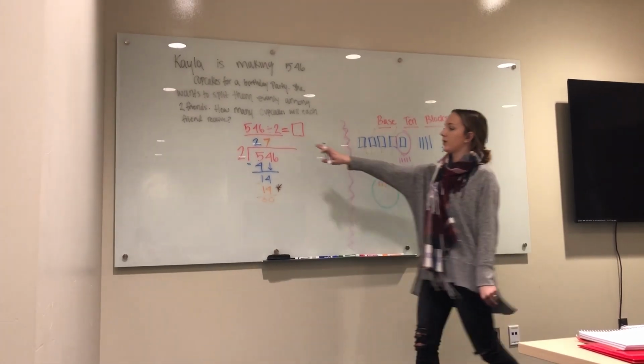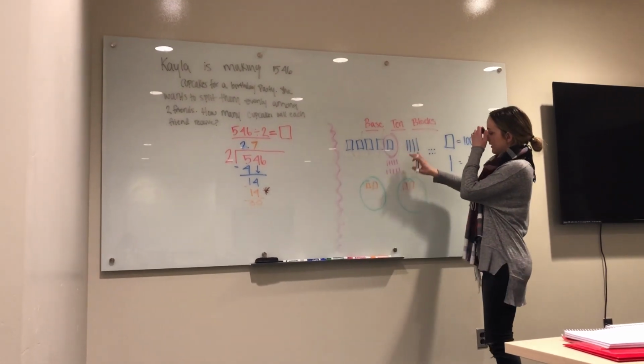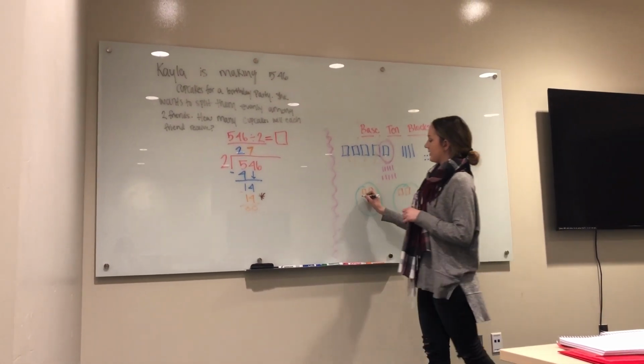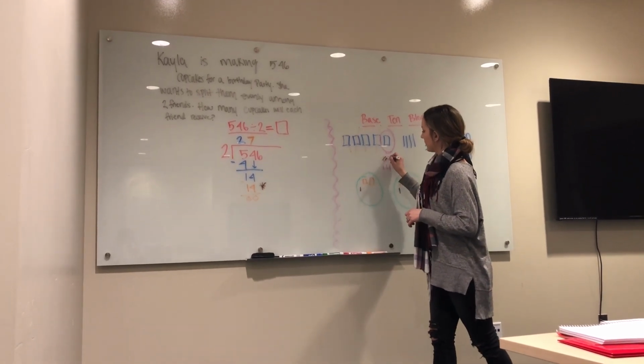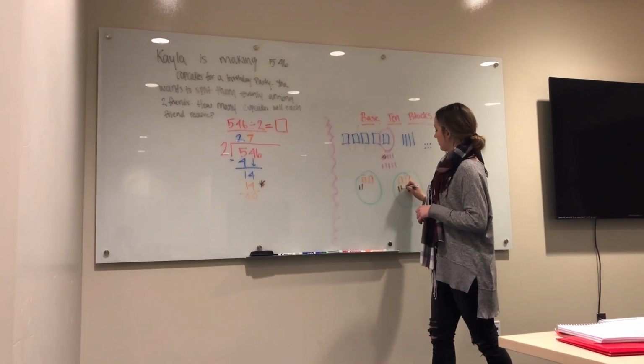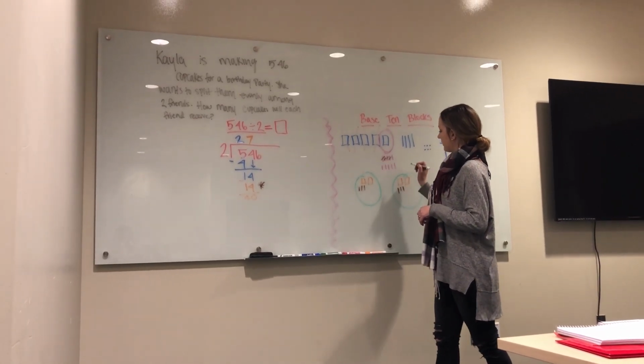And so we said that there could be 7 tens in each group. So we're going to put 7 in each group. 7 across 2.